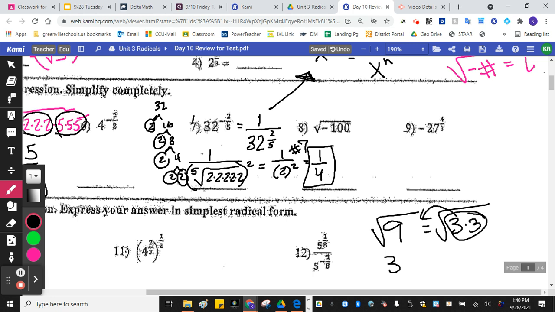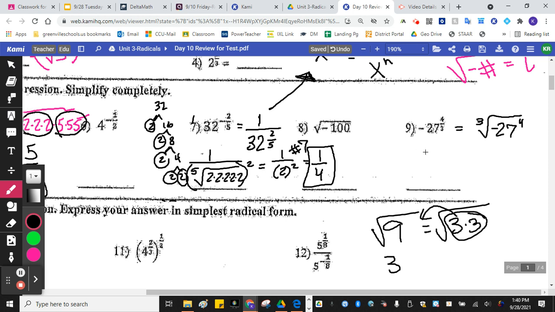All right, number 9, negative 27 is being raised to the 4/3. So the bottom goes on the outside, the cube root of negative 27 to the 4th power. You can do the 4 on the inside, or you can do the 4 on the outside.